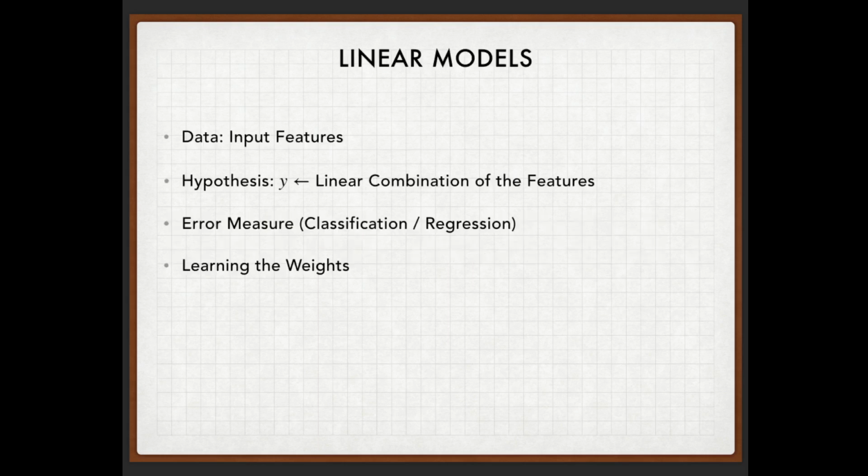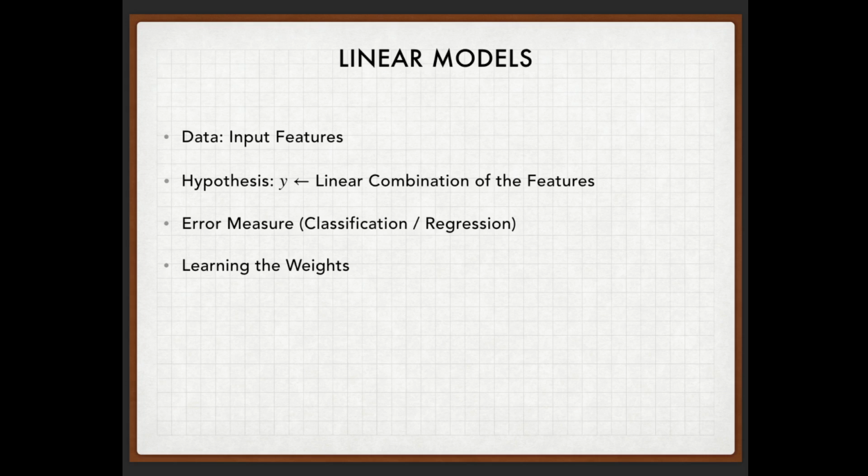So let's talk about all the four elements in machine learning, as we have discussed in the previous lecture, with respect to linear models. These are the data, the hypothesis.